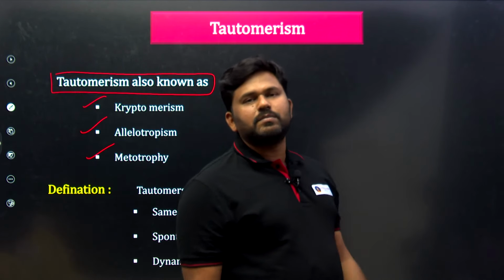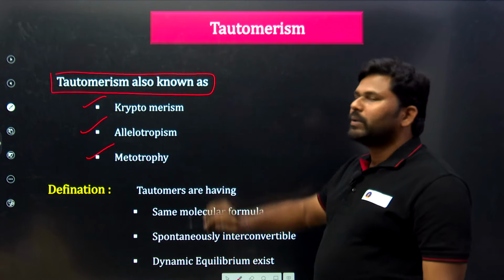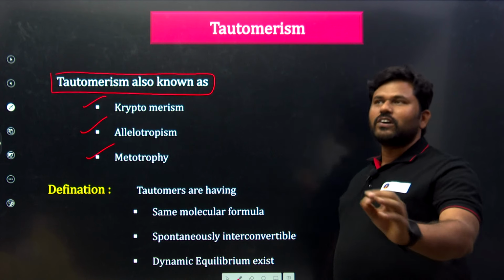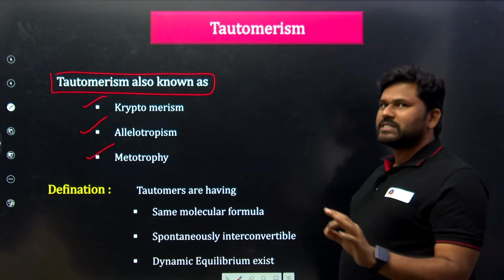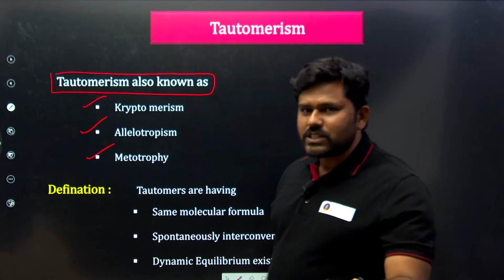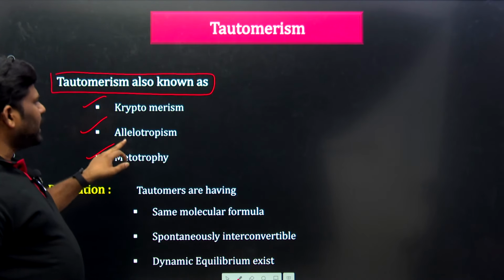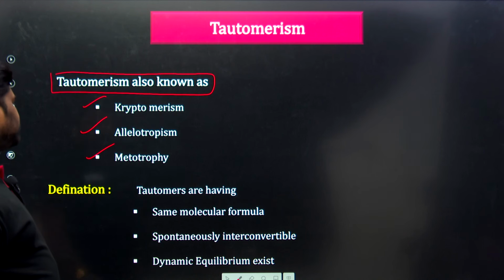These 3 are other names for tautomerism. Sometimes they will ask which of the following are metatropies. If you don't know that metatropy and tautomerism are the same, you will lose the marks. So you have to learn these 3 names also: metatropy, allelotropism and cryptomerism.